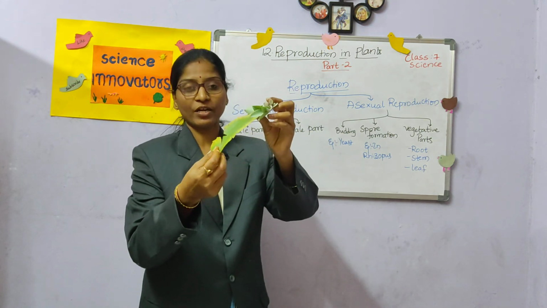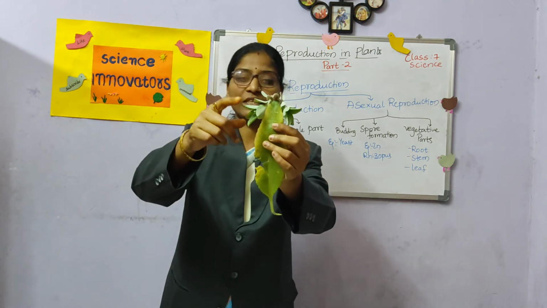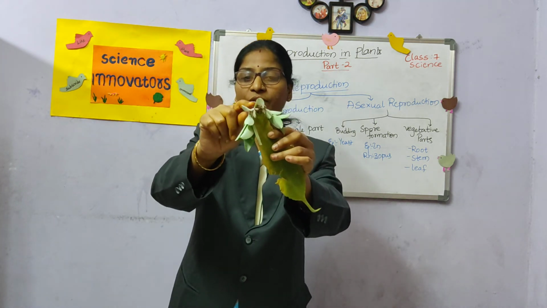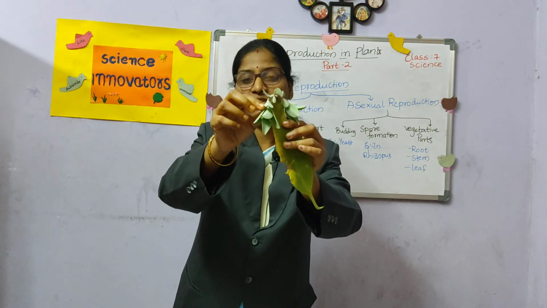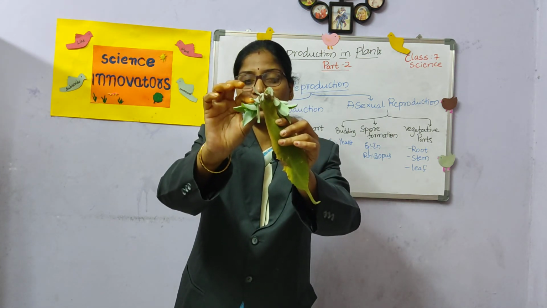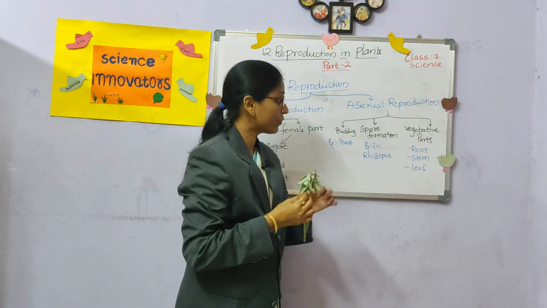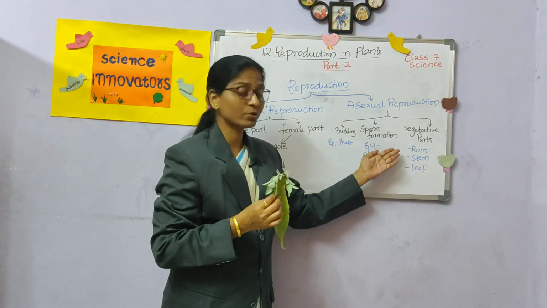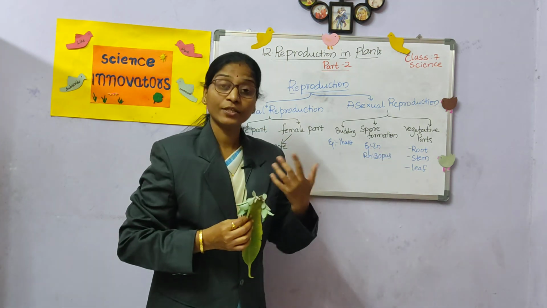You can observe the leaf giving rise to a new plant. You can see the small roots occurring from the nodes of the leaf, giving rise to a new plant again. Like this, different plants, through root, stem and leaf, give rise to a new plant.